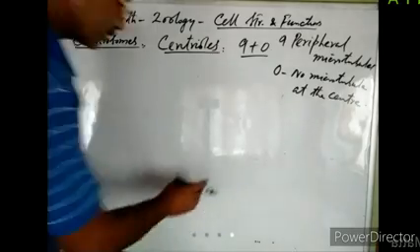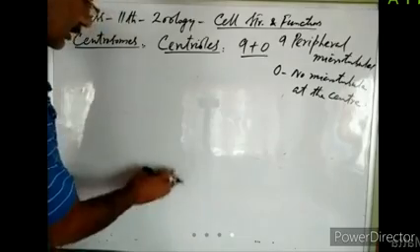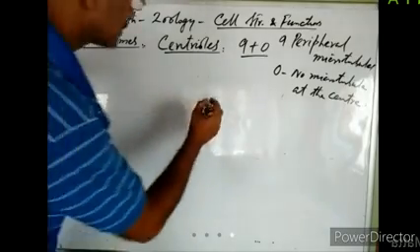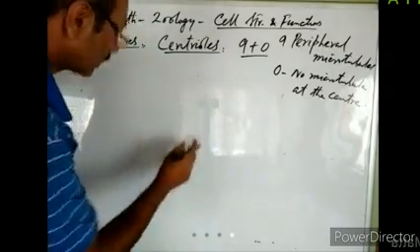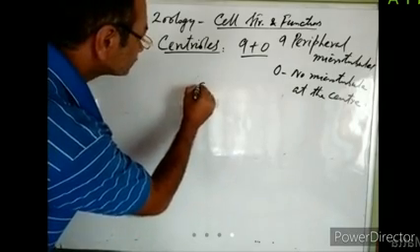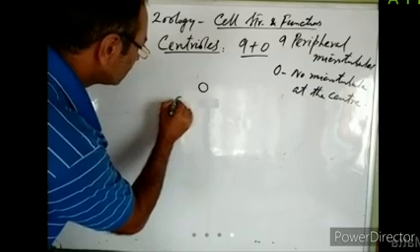These microtubules are arranged towards the periphery in the form of a circle. This is one microtubule, this is another microtubule.